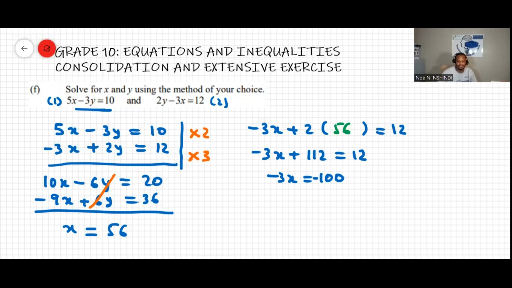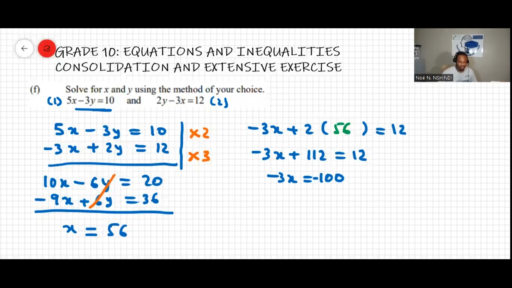Then we can divide both sides by negative 3. So hold on a second. Oh, I substituted the wrong variable, because this is 2y, so it's not really that.